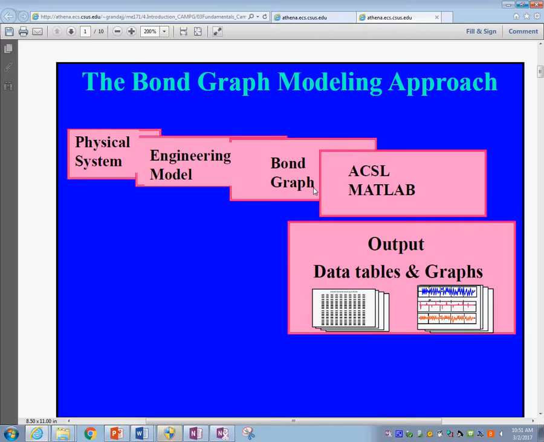And what CAMG does is it takes this bond graph model and produces the input files for several programs like ACSL or MATLAB, and then these simulation programs would produce the data and the tables that we need to perform our calculations.